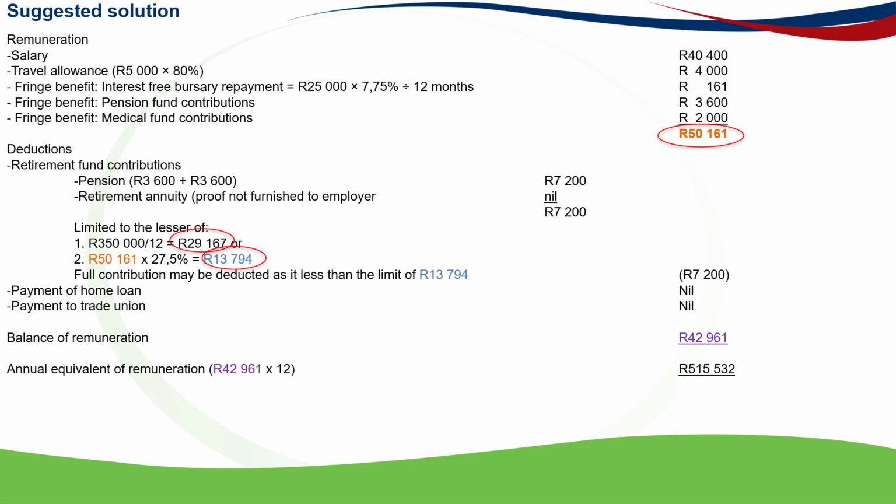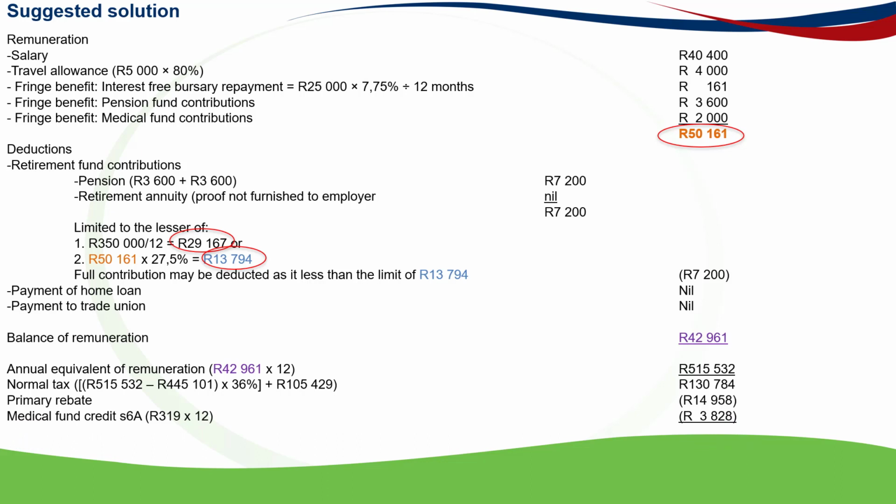And then if we look at the normal tax on this balance of remuneration using the 2021 tax tables, that will give you an amount of 130,784 less the primary rebate of 14,958 and Section 6A. Remember, we're not considering Section 6B credits.